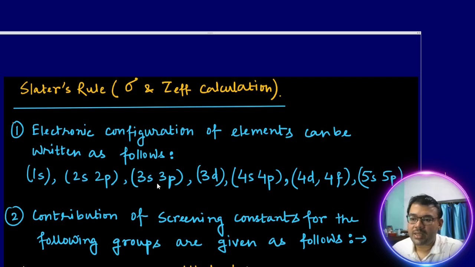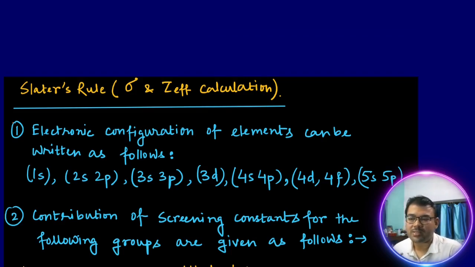Only left-hand side electrons or same-orbital electrons contribute, except for the one electron being considered. If there are 4 electrons in 3s 3p, 1 electron is shielded by the 3 other electrons, and the remaining 2s 2p electrons and the 1s electrons also shield the valence electron. So left-hand side electrons can contribute to the shielding constant.